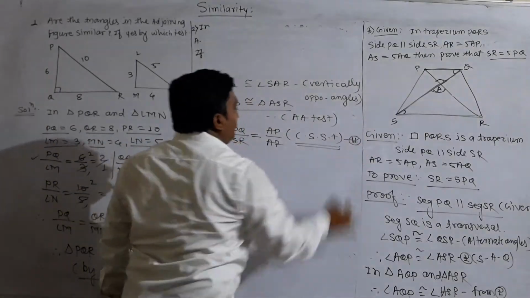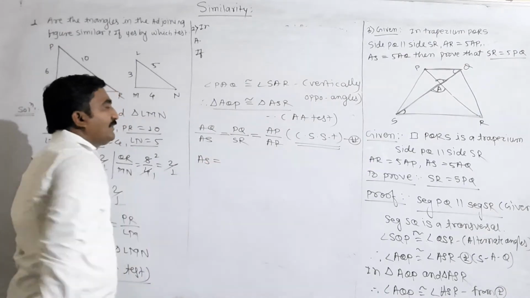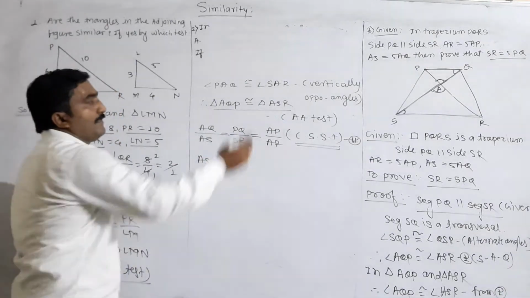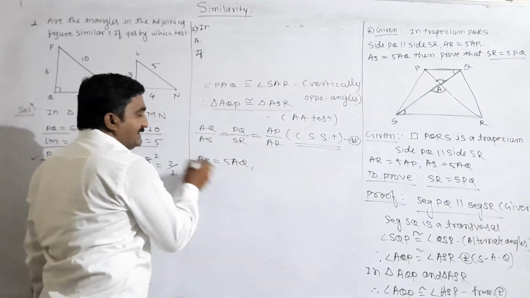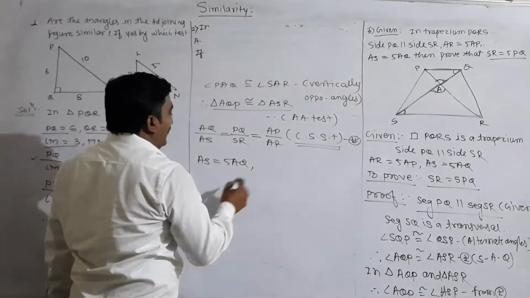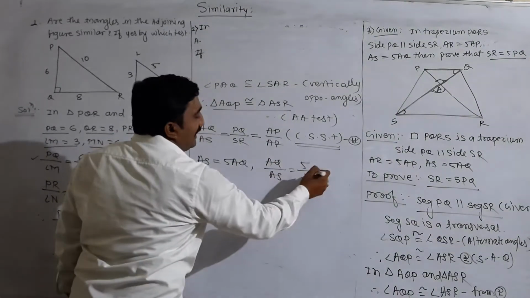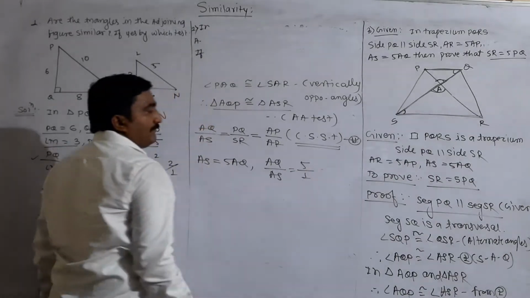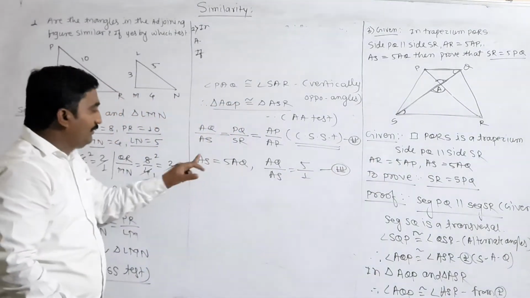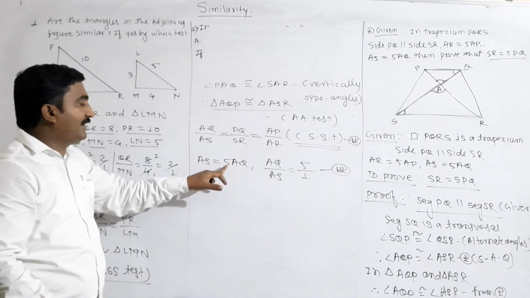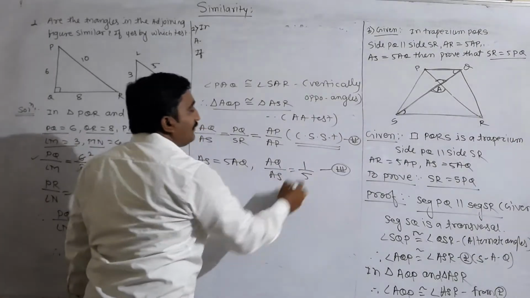This is equation 2. But we are given AS is equal to 5 AQ. Therefore, AQ divided by AS is equal to 1 by 5. This is equation 3.